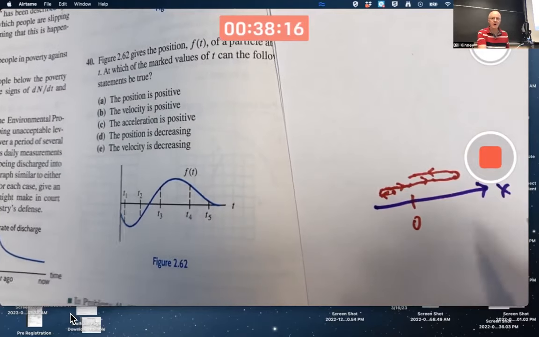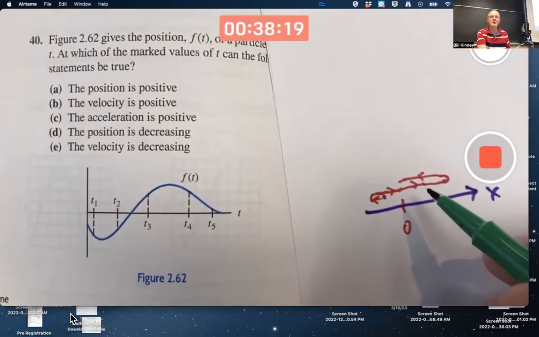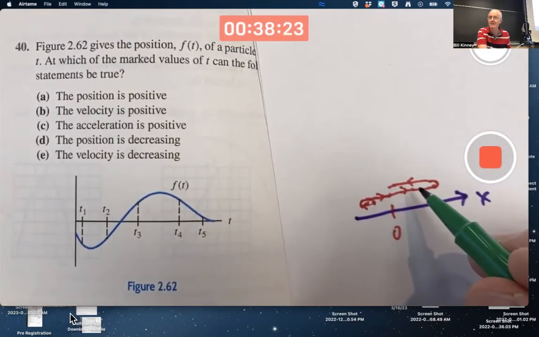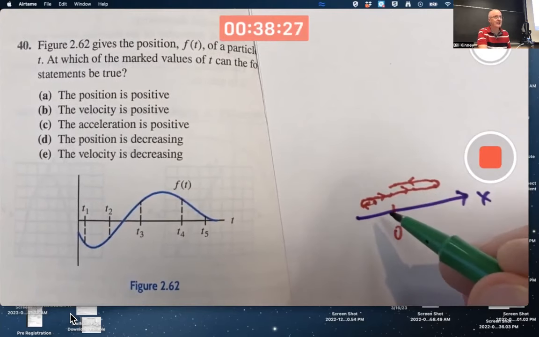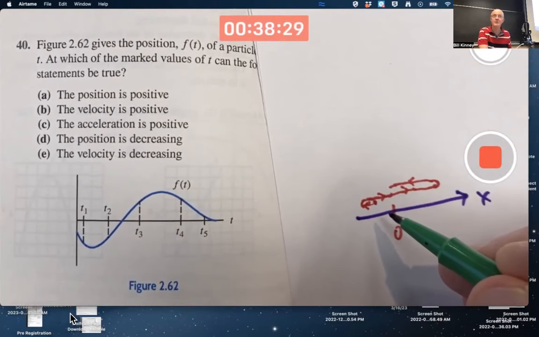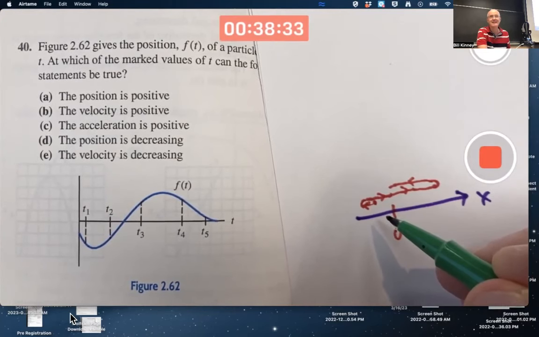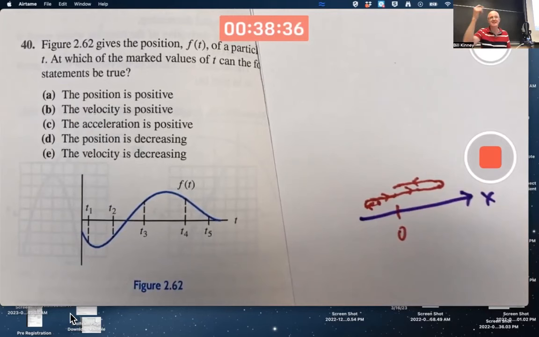In this left-right motion, it's only a positive acceleration when you speed up as you're moving to the right. If you're moving in the negative direction, it's actually a positive acceleration when you're slowing down, because the acceleration is positive if you're slowing down as you move to the left in the negative direction.